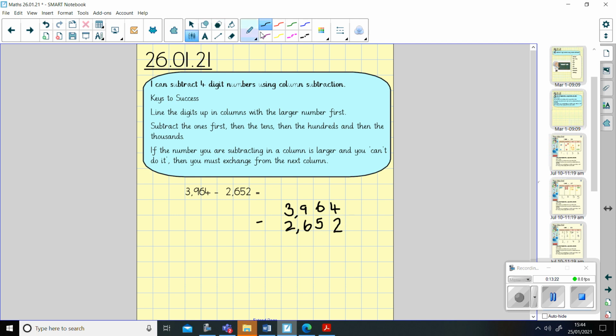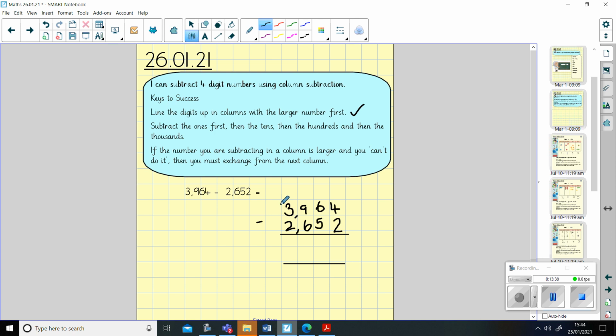Going to use a nice straight line for my equals bar, and looking at my keys to success, I have lined up the digits in columns with the larger number first.